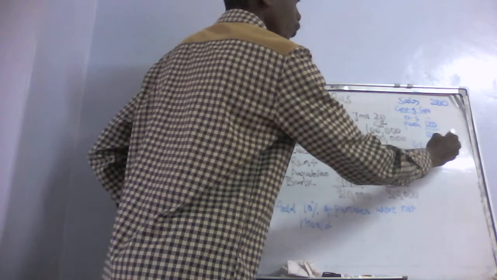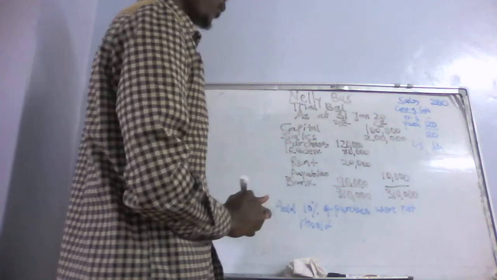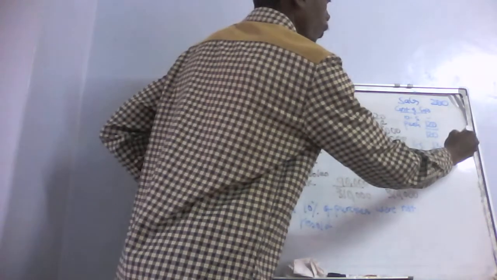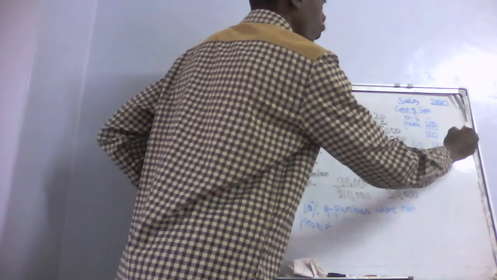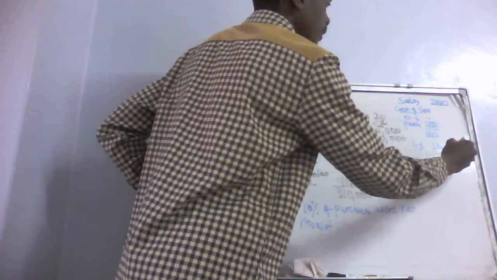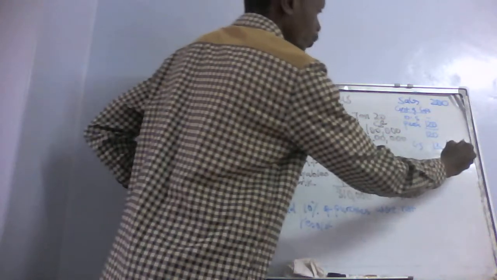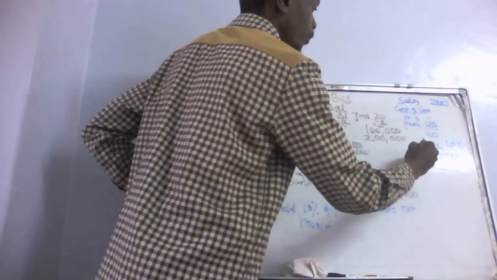So if I list 12,000, this should be 120 minus 12. Is it 108,000? So this cost of sales is 108. Then I will have here 92,000. 200 minus 108 is 92,000. And this is the gross profit.